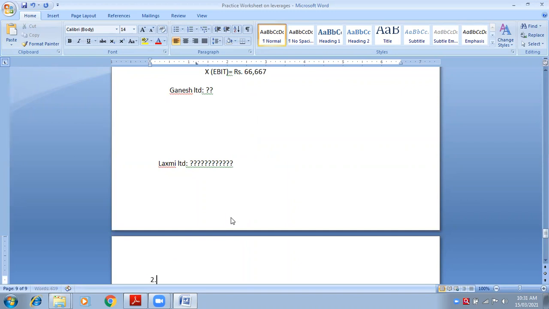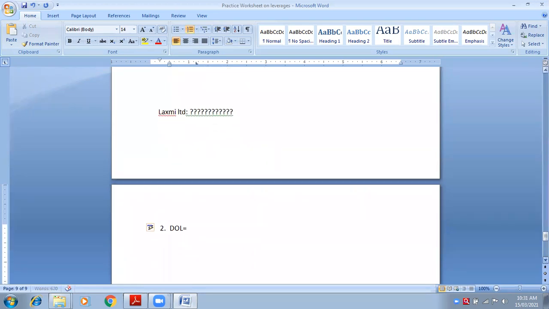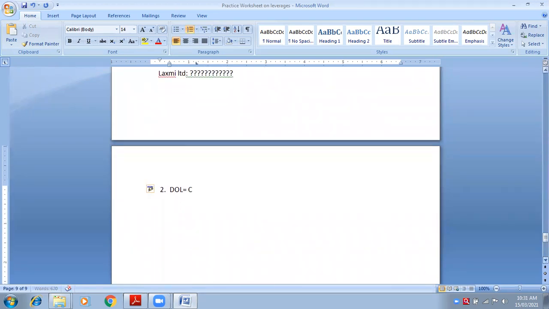Now, second formula is DOL. What is the formula of DOL? Contribution divided by EBIT. Very good. Now EBIT is there with us, please remember. And DOL is also there with us. So let us start with Angad Limited; Ganesh and Lakshmi Limited you can solve later on.